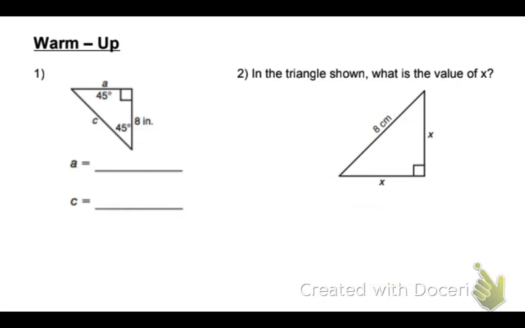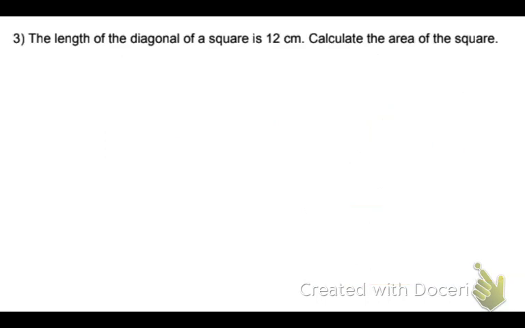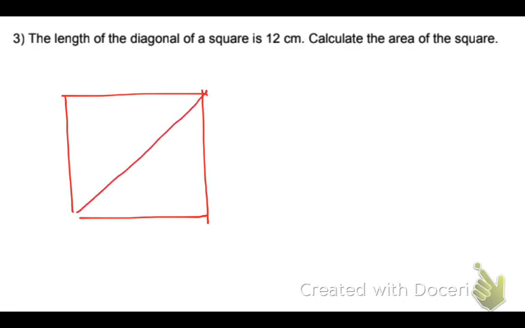Okay. So on number 3. The length of the diagonal of a square is 12 centimeters. So we talked about last time what we can assume with squares, but just in case you forget, let's draw the picture. The length of the diagonal is 12. So that means that's 12 right there.